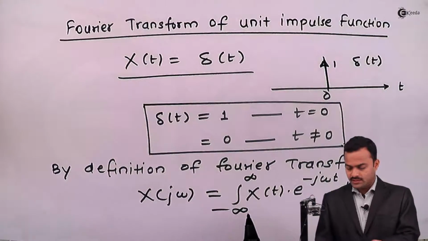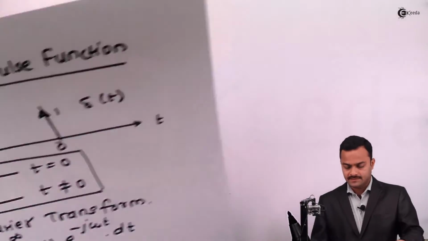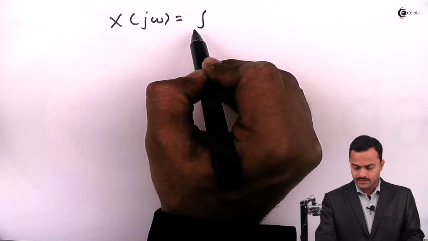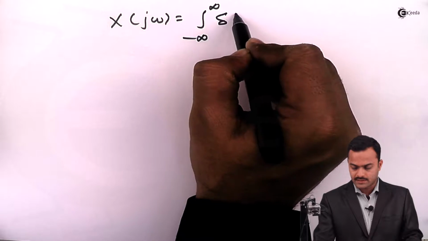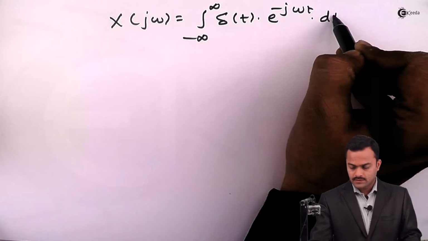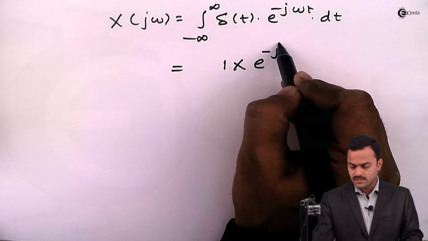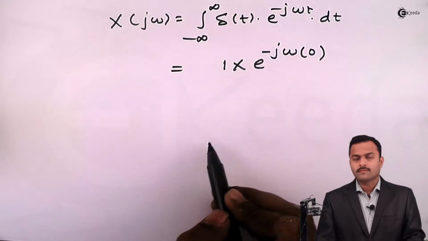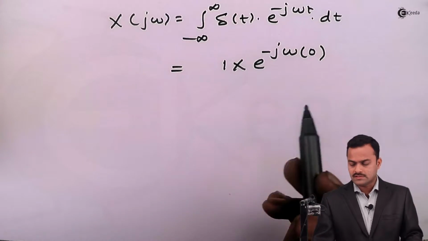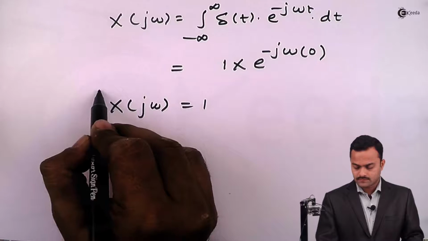So instead of using an integral and its limits, I can straight away say X of j omega, which is nothing but the integral from minus infinity to infinity of x of t, which is delta t, e raised to minus j omega t dt, simply equal to 1 multiplied by e raised to minus j omega into 0, because as we discussed, delta t exists only for one particular value of t and that is equal to 0, and this will give you X of j omega equal to 1.